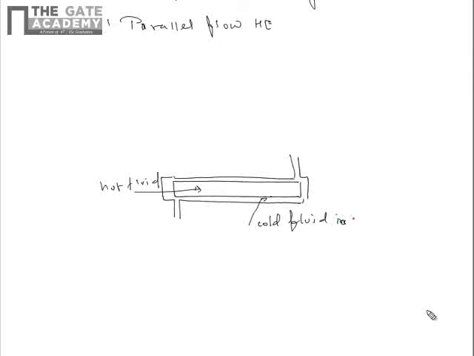Hot fluid is entering from this location, and cold fluid is entering from this position. Similarly, hot and cold fluid exit from this and this position. Since the hot and cold fluid are flowing in the same direction, that's why it is known as parallel flow heat exchanger. Both the fluids flow in same direction.